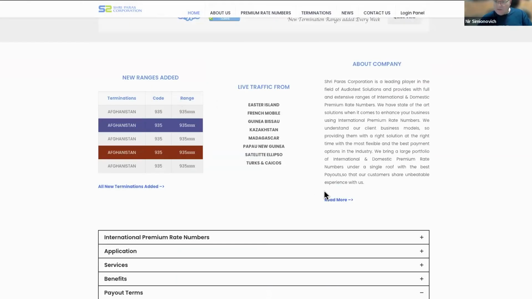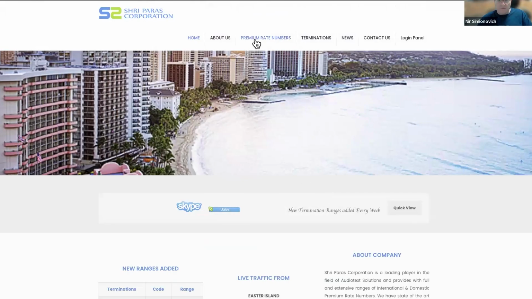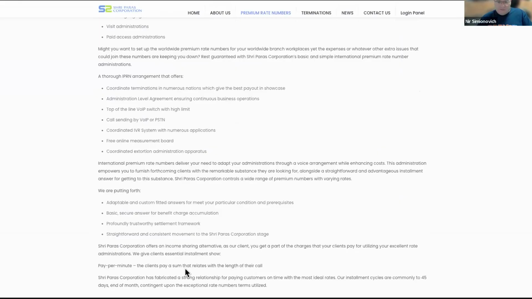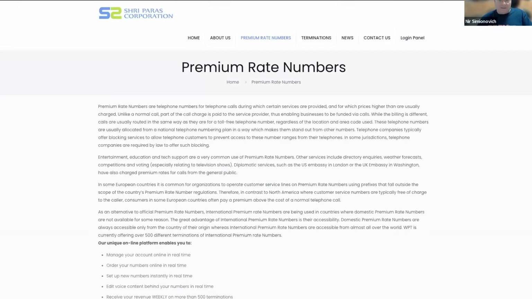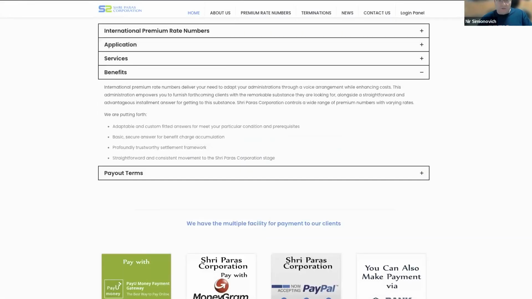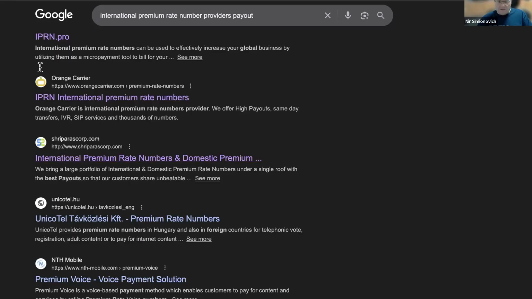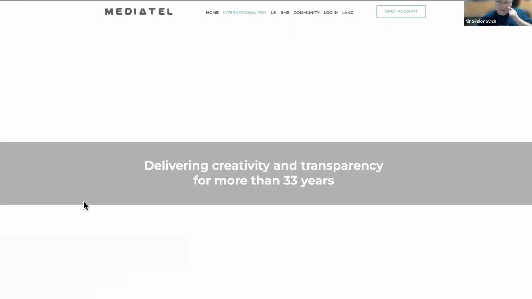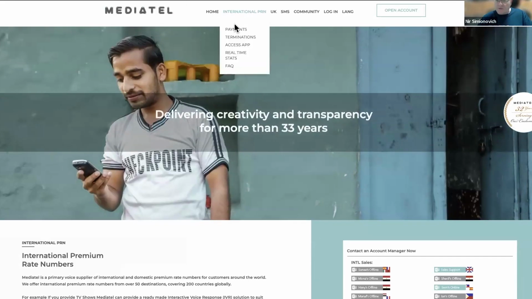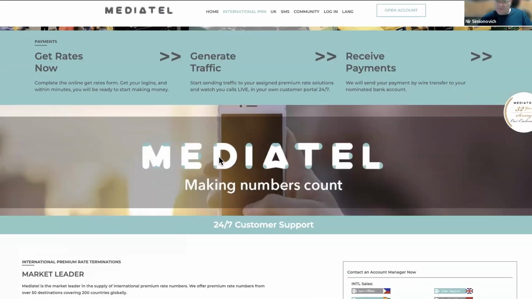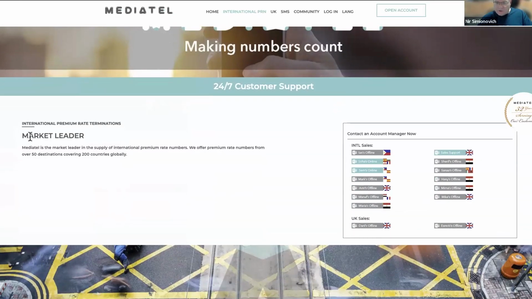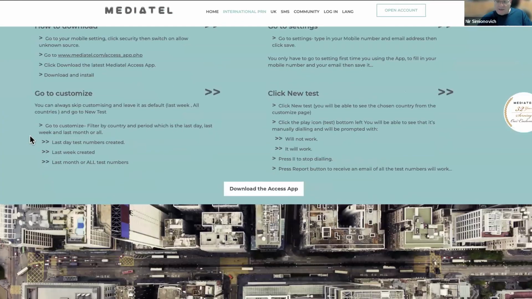Termination added. See, they don't even tell you how much they're going to pay you. There you go, premium rate. They don't tell you what the payout is, simply because they know very well that everybody's been looking for it. Let's see, maybe MediaTel. MediaTel normally does that. There you go, international premium payments. Get rates, generate traffic, receive payments. Market leader, and so on.